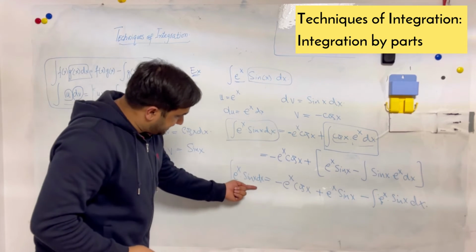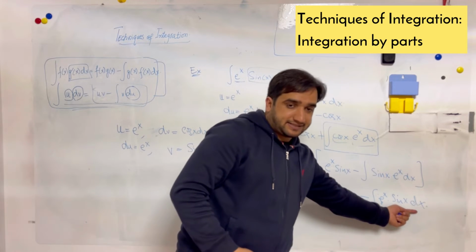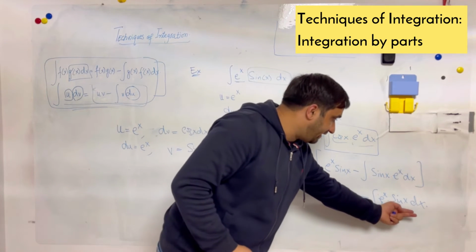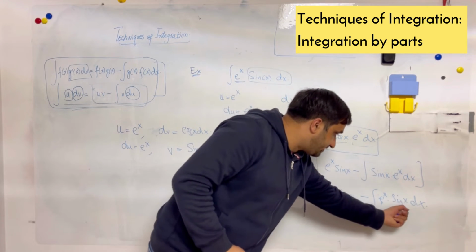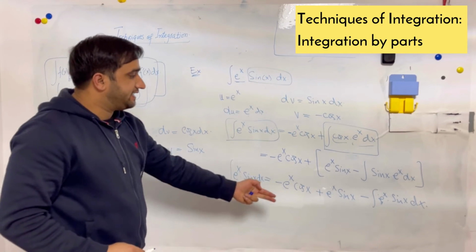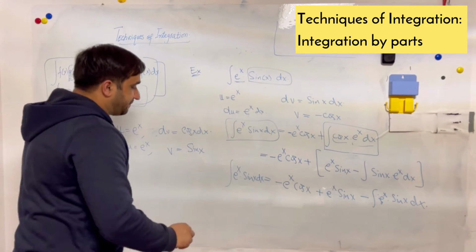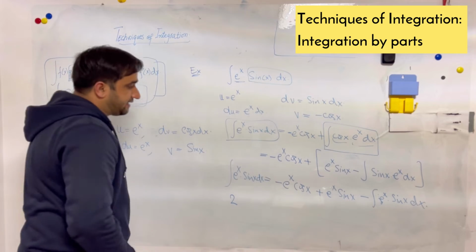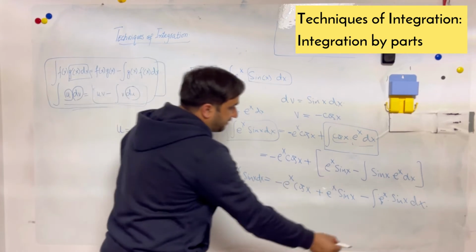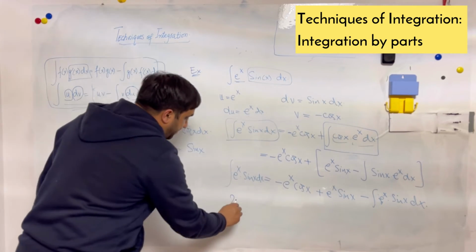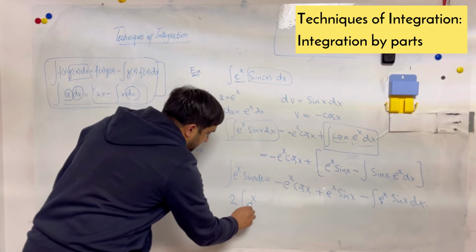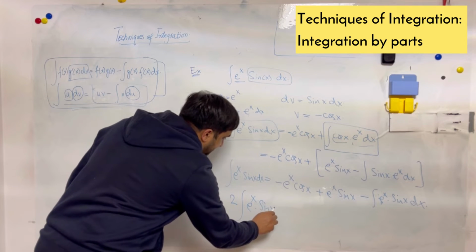So you see, this and this are the same. So I am allowed to move this to the left hand side and add them together. One is this and one is this, so 1 plus 1, 2 times the integral of e power x sin x dx.